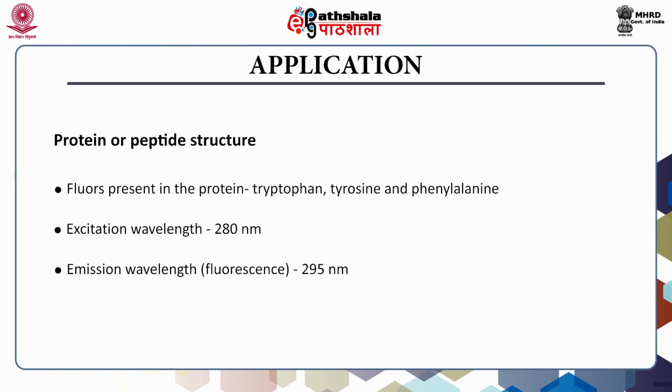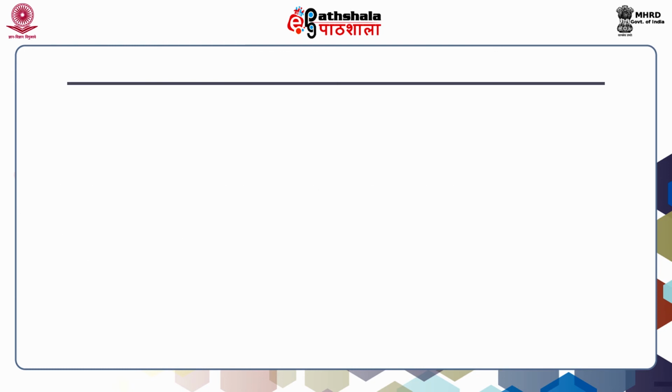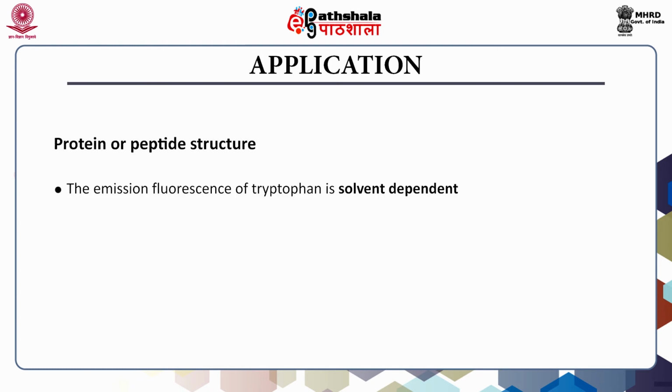The fluorescence of folded protein is contributed by all individual aromatic amino acids present in it. Among these, tryptophan exhibits strong fluorescence whereas tyrosine and phenylalanine exhibit less fluorescence. The emission fluorescence of tryptophan is solvent dependent.